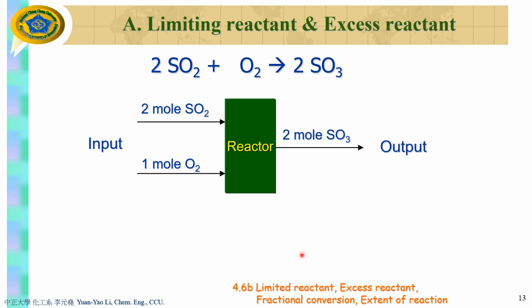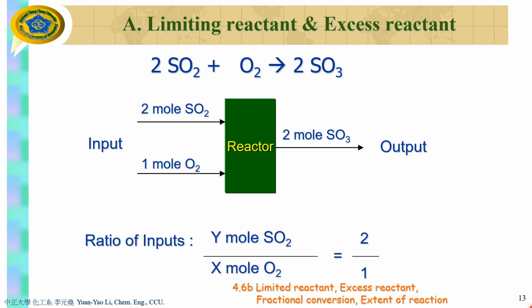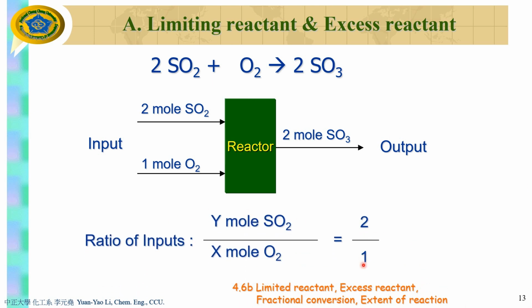This is the idea, but normally you will have more oxygen in this reaction because you want a complete reaction. So the ratio of input, SO2 divided by O2, will be 2.